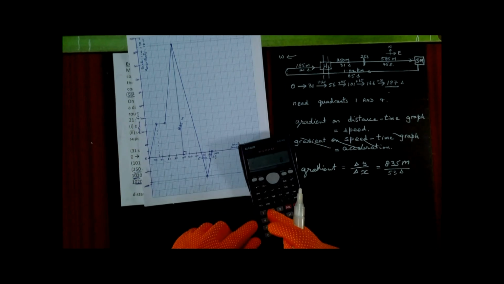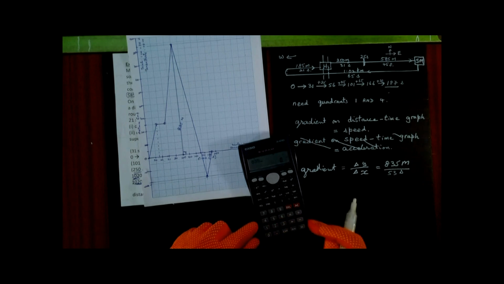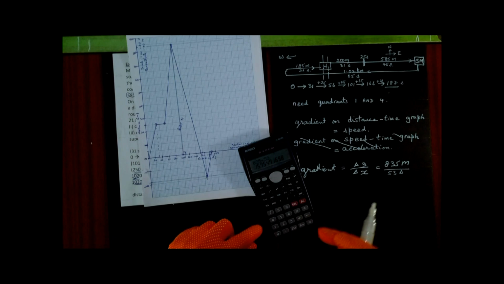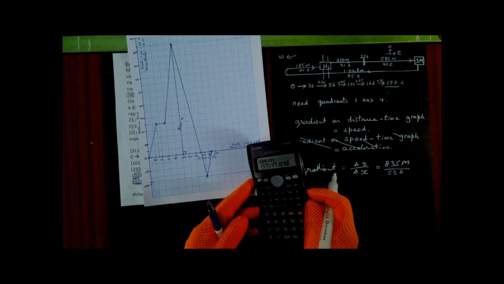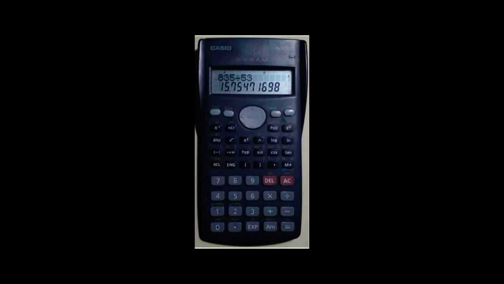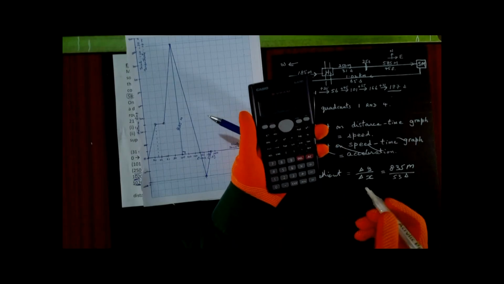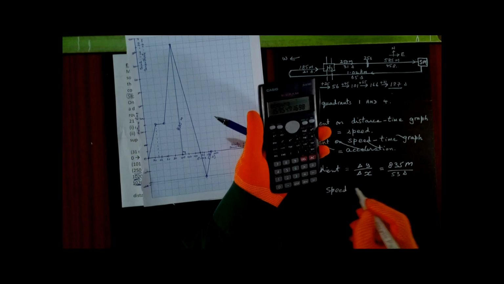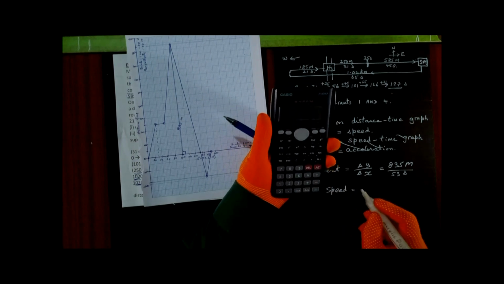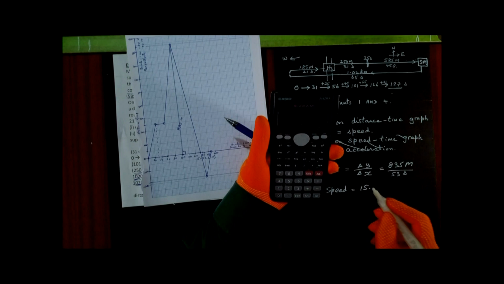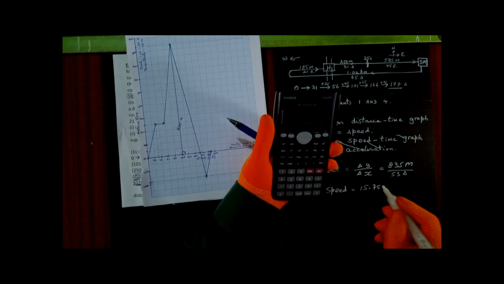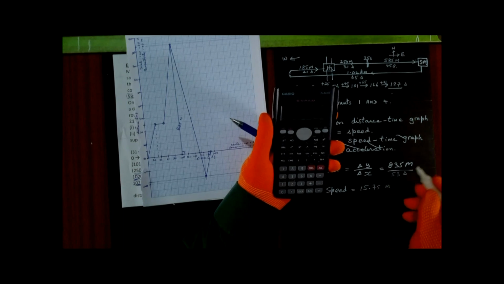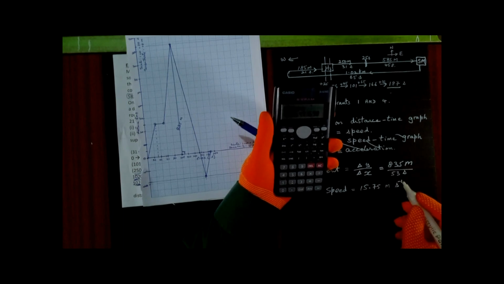If we divide 835 by 53, we get, so the speed is equal to 15.75 meters per second.